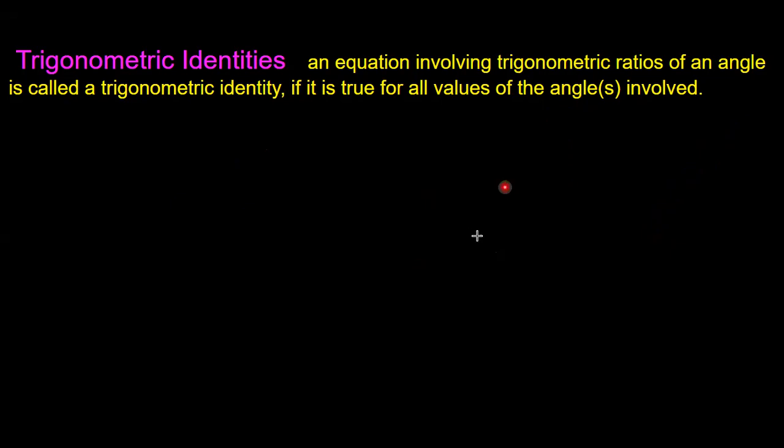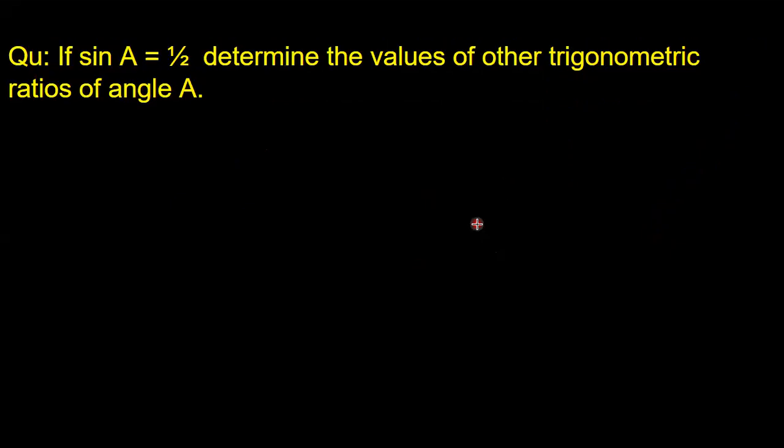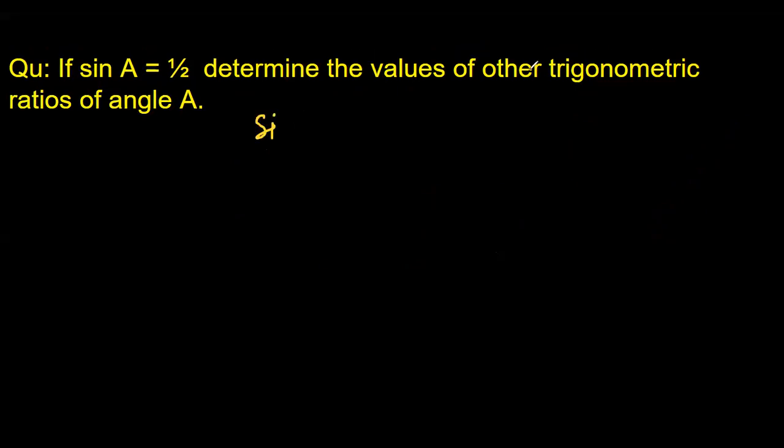Let's see one question. If sine A is 1 by 2, determine the value of other trigonometric ratios of angle A. So we are given sine A is equal to 1 by 2, and we are going to use the trigonometric identity sine square A plus cos square A is equal to 1. What is the value of sine A? 1 by 2.